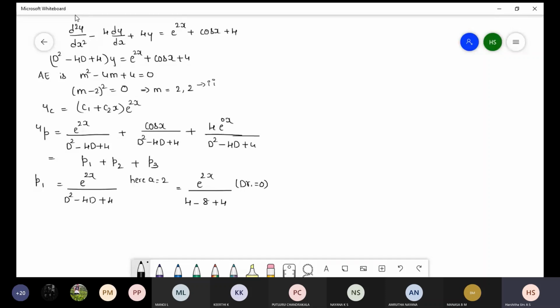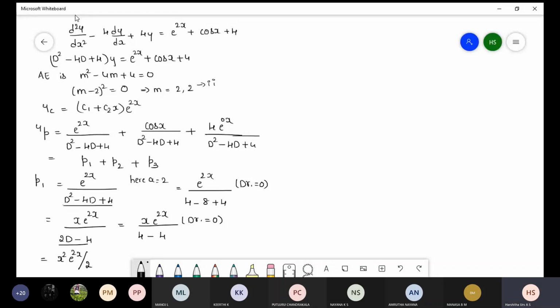When denominator is equal to 0, we have to multiply the numerator with x, so x into e power 2x divided by differentiation of f of d, 2d minus 4. x into e power 2x divided by 4 minus 4. Denominator is equal to 0. So x square e power 2x, differentiation of this f dash of d is 2. So we get the same.